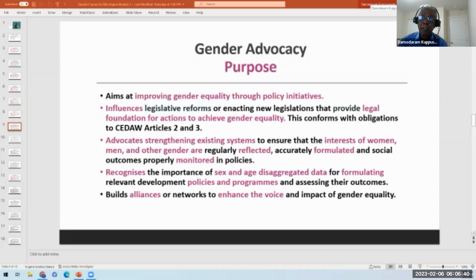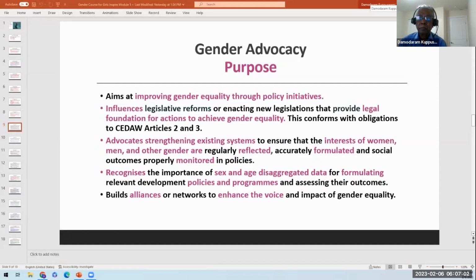We often say women, men, but there are identities beyond that. So when I said other gender, it includes the non-binary, which is other identities. I'm giving examples such as lesbians, transgender. Does it clarify? Okay, yes. Thank you, Penosinghe.